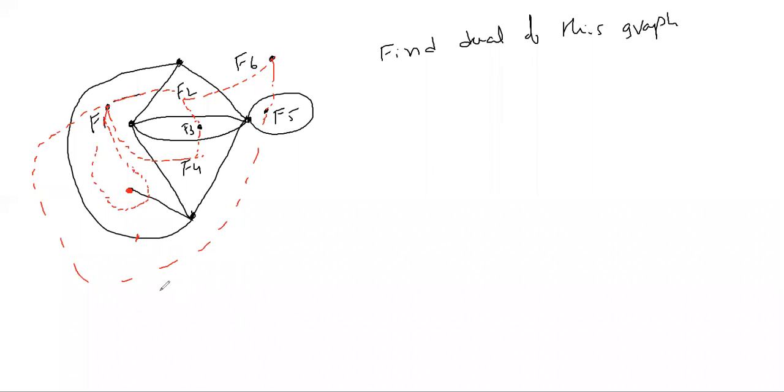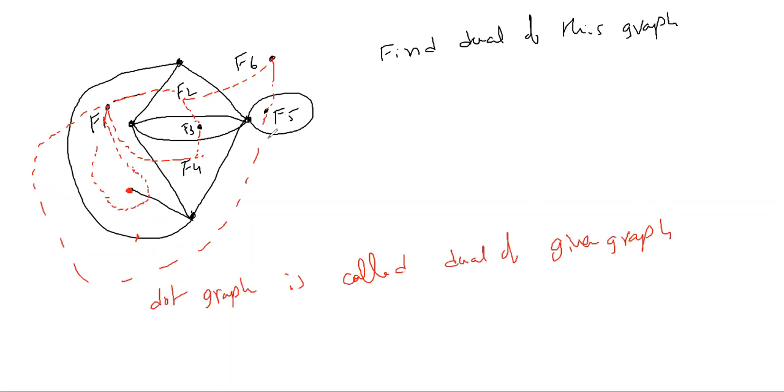So this dotted graph, whatever the dotted graph, is called the dual of the given graph. The graph of the dotted edges you got is called the dual of the given graph.